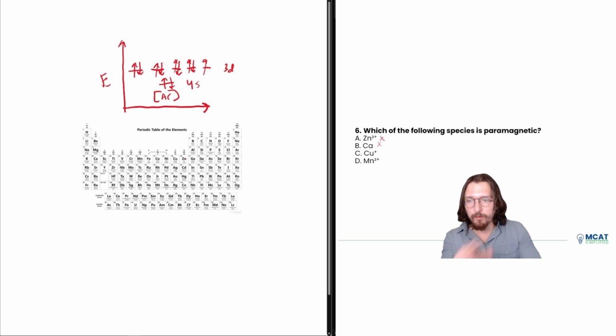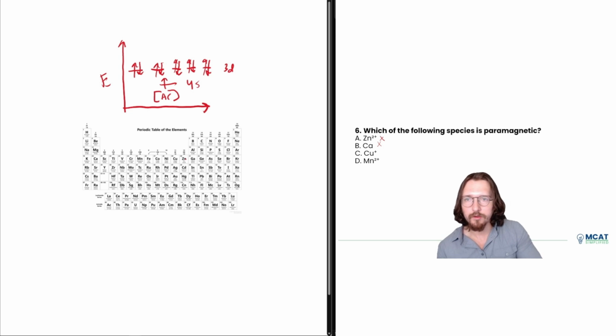Now remember, this is one of those elements that has an anomalous configuration: once you get up to copper, this electron actually jumps up here because this is more stable. It fills the 3d shell with all the orbitals, which imparts stability, plus it relieves the 4s repulsion.